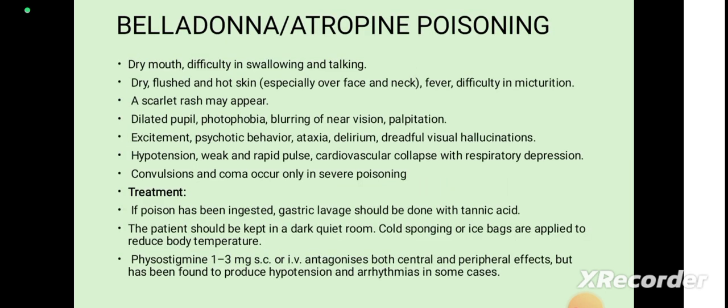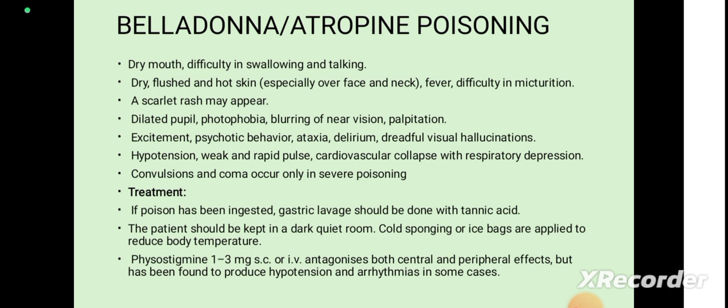So next is belladonna or atropine poisoning. What are the symptoms? You can see dry mouth, difficulty in swallowing and talking, dry, flushed and hot skin, especially over the face and neck, fever, difficulty in micturition.